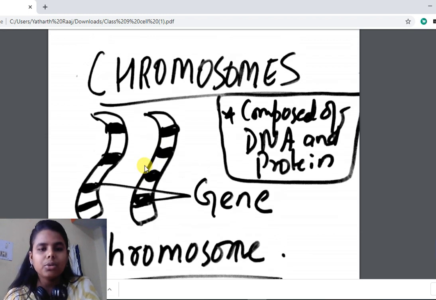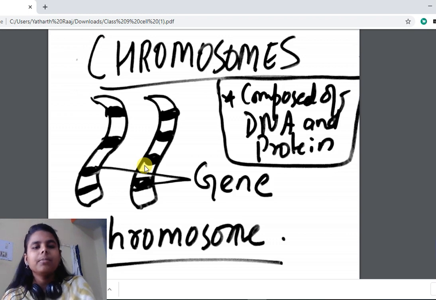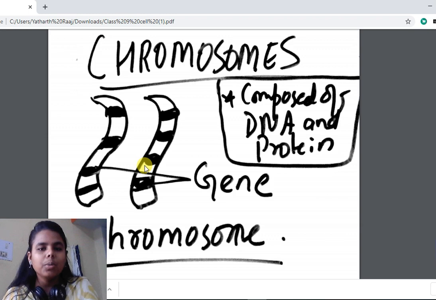So this is a chromosome. When chromatin detangles itself during cell division, then chromosomes are formed. But when there is no cell division taking place, when the cell is small, that tangled mass is known as chromatin. But when the cell grows, becomes large, when it is the time for cell division, when the nucleus grows in size, at that time the chromatin detangles itself and chromosomes are formed.